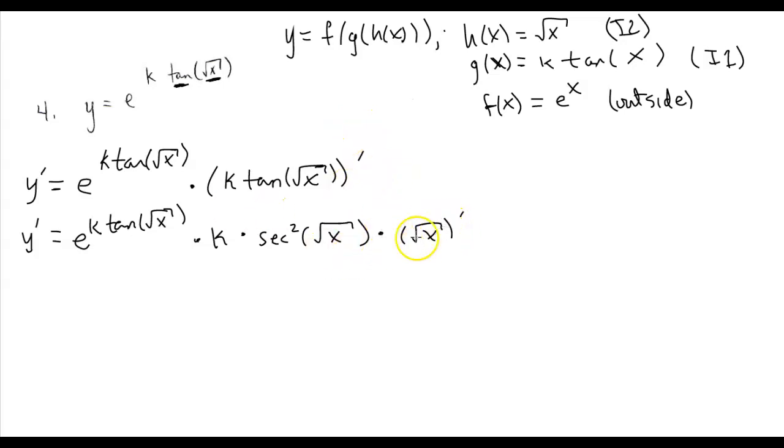And so now we see that I'm going to have to do one more derivative here, but that's going to be taking the derivative of square root of x. And of course, we know we could rewrite square root of x as just x raised to the positive 1/2. So we just need to take the derivative of that.